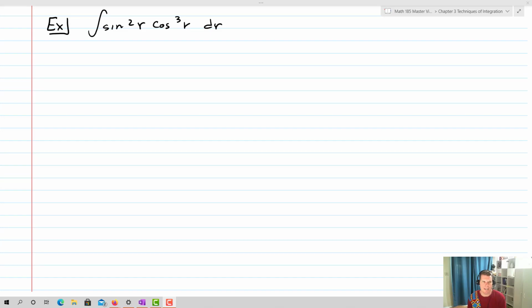So let's take a look at this example. We've got sine squared r cosine cubed r dr. I'm going to be thinking about this problem in terms of those identities and also what I'm going to be doing for U substitution.